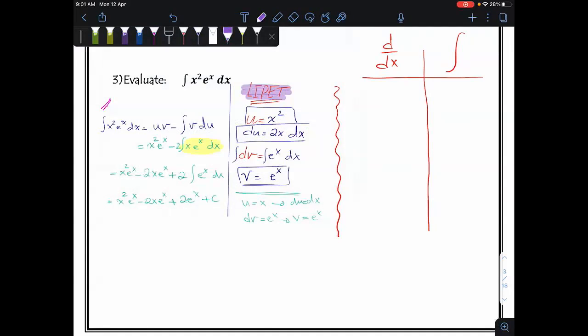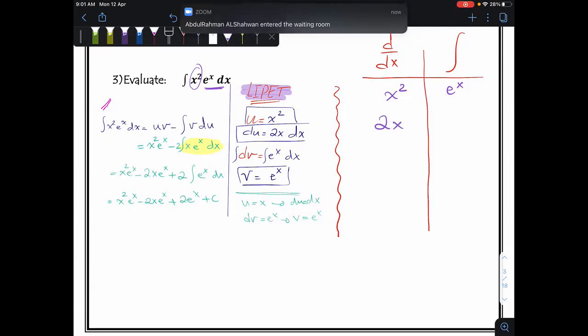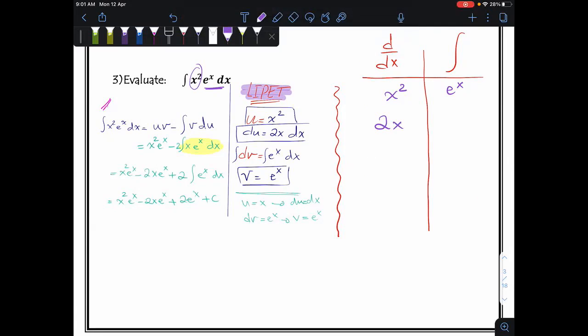The derivative part will be x squared, which is u, and then the integral part. Then positive x thing. Then differentiate until you get 0 here and then integrate here. 2x, then negative.